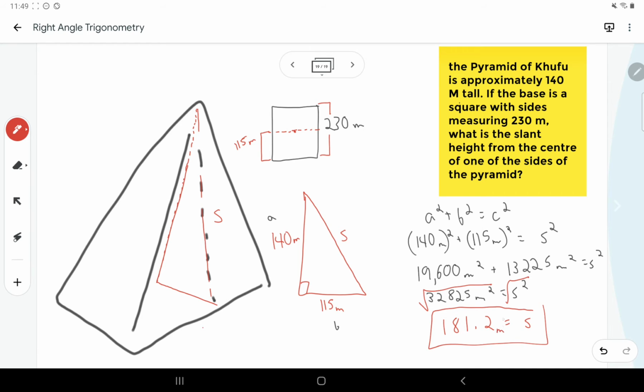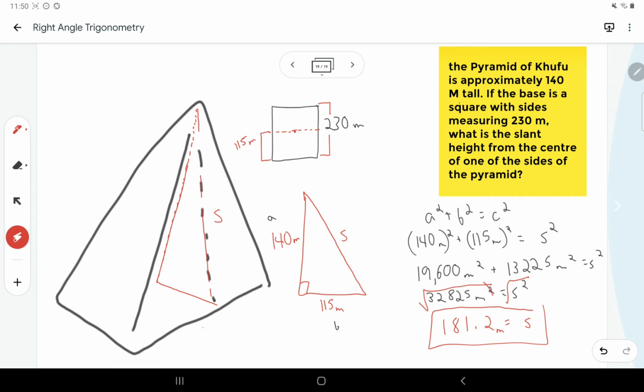And of course, that'd be meters, my bad. Okay, so from a three-dimensional shape, using some logic to find a two-dimensional shape inside it, figuring out what the side lengths of that two-dimensional shape would be, and then just some Pythagoras to finish it out.